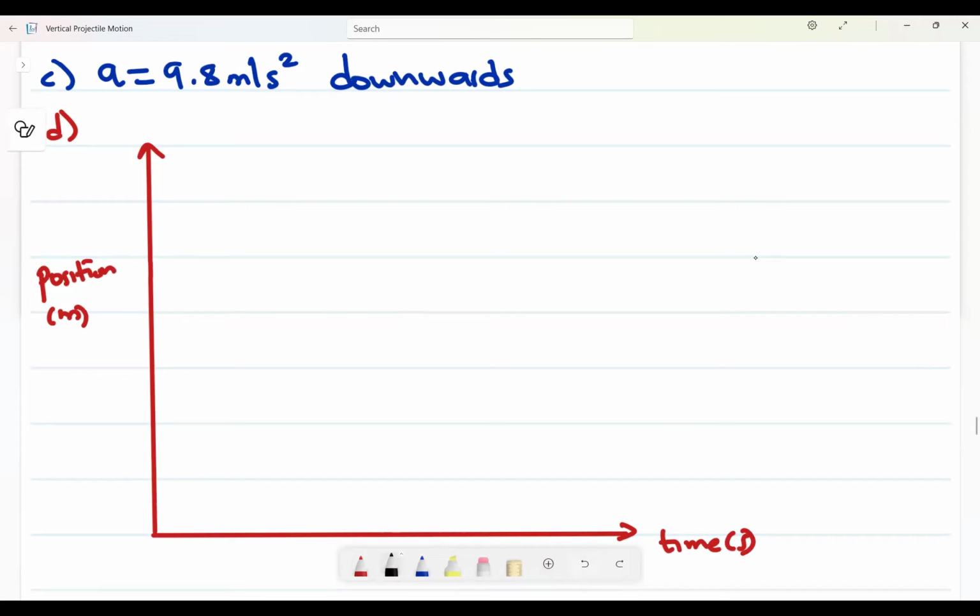Let's say the height is somewhere here, 40 meters. Then it goes upwards and then it comes down. Try to draw it in a nicer way like that. Good, I think this is perfect. Now you have already shown the examiner what he or she wants.